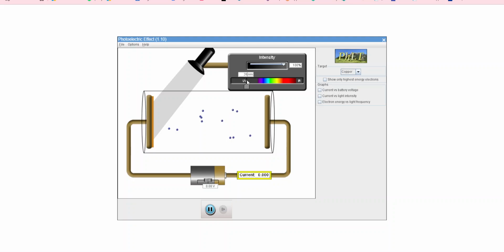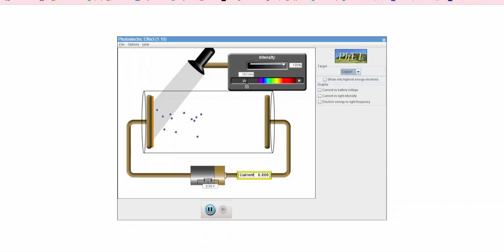Still being released. 263. Very, very slowly. 264. And it looks like we've found the work function for copper, 263 nanometers. So every material will have a different work function.